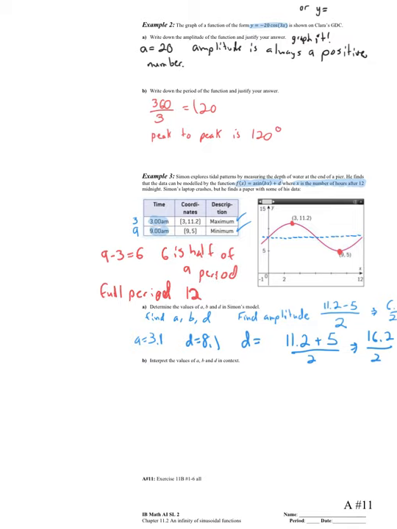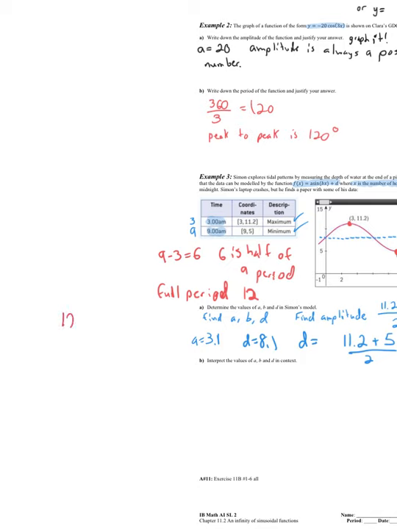Now, the way to solve for period is 360 over B. So now I just have an algebraic expression to solve for it. Multiply both sides by B. 12b equals 360. Divide both sides by 12. B equals 30.